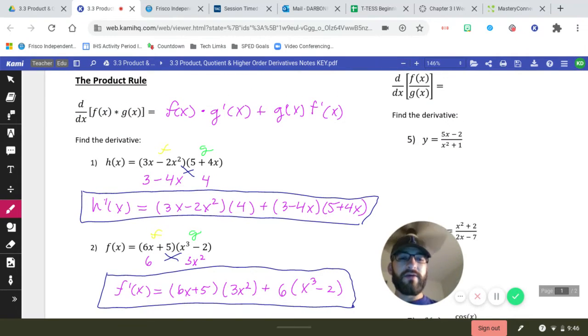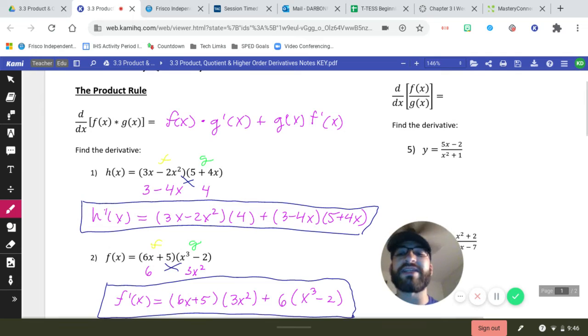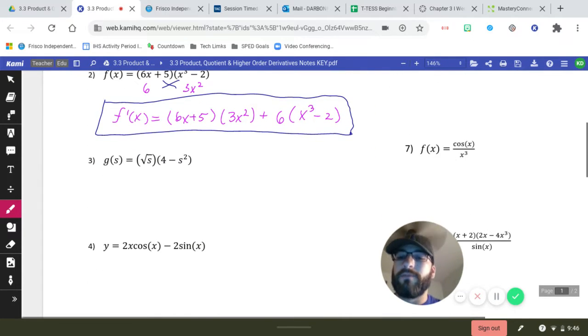You don't have to stay super stringent. It's always f times g prime plus g times f prime. You can switch the two sets of terms, and you can switch the order of the full term because of addition. Addition is an operation that we can switch back and forth and it still means the same thing. It just always has to be the original function times the opposite function's derivative, so f times g prime and g times f prime. It doesn't matter the order we write it in after that.